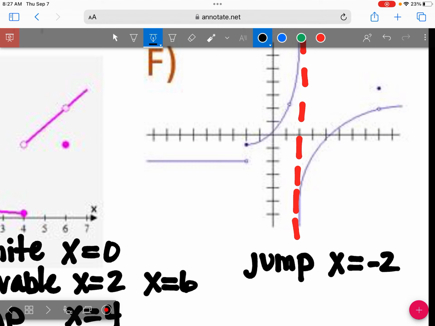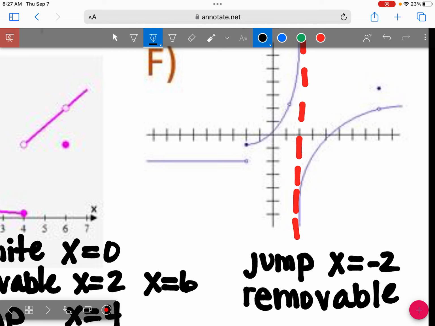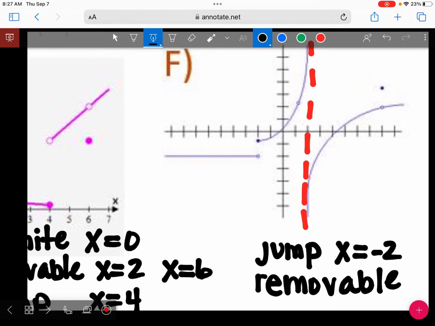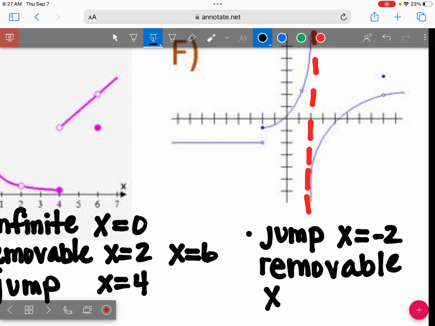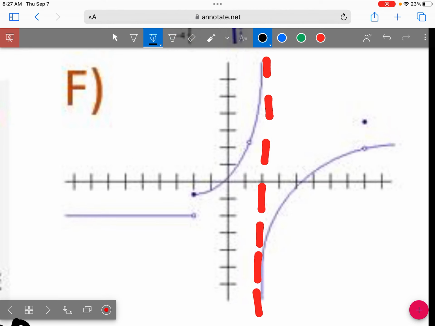Oh, we have 2 removables. We have a removable at x equals 1 and x equals... No, it's the x value. So this is a removable right here, and this is a removable right here. So what does x equal right here? 8. So we have a removable at x equals 1, and we have another removable at x equals 8.